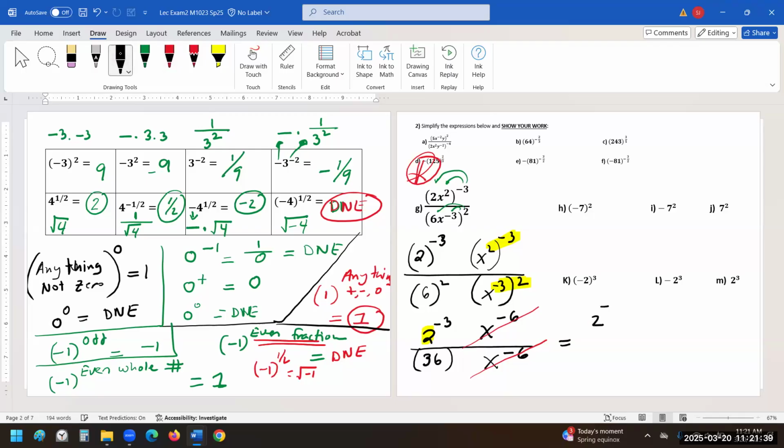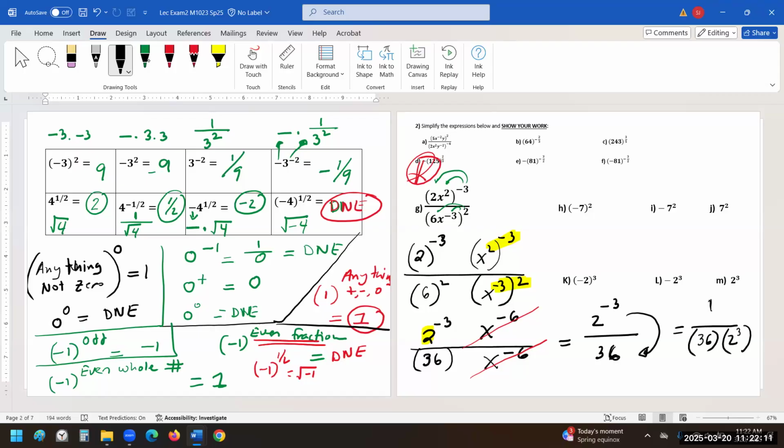So you're left with 2 to the negative 3 over 36. And now we have only one problem, the negative power on the numerator. So we must bring this to the denominator. And we get 36 times 2 to the positive 3. Then what goes on the top? 1. Many people forgot that. They got the answer correct, but they forgot that there's a 1 on the top.